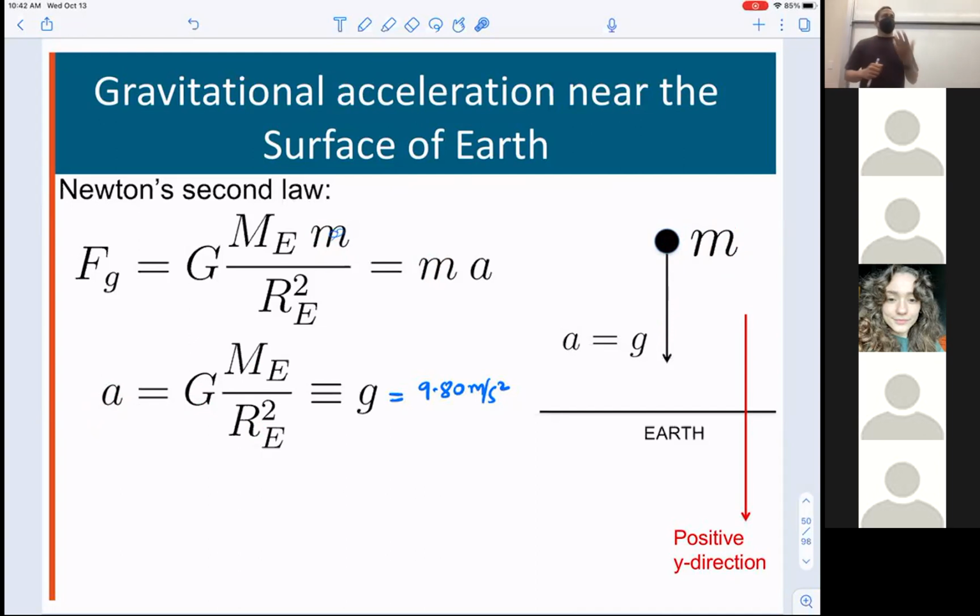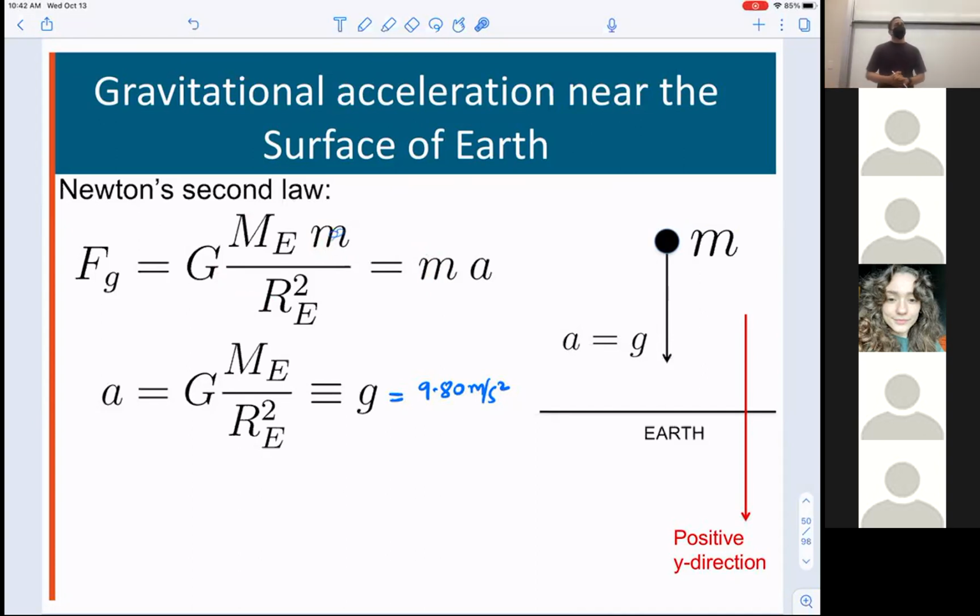And this is what's weird about gravity, is that the force you experience due to gravity is proportional to your mass. And by Newton's second law, the net force you experience is also proportional to your mass. And so therefore the masses cancel out and your acceleration is the same whether you're a hammer or a feather. This is not true of any other force.